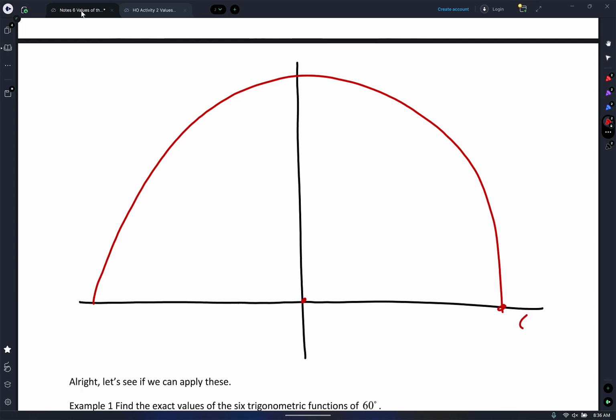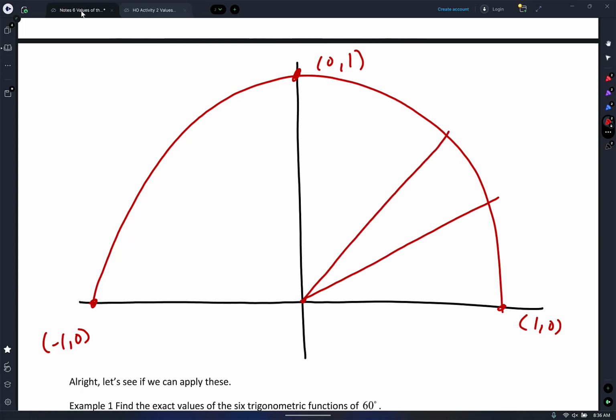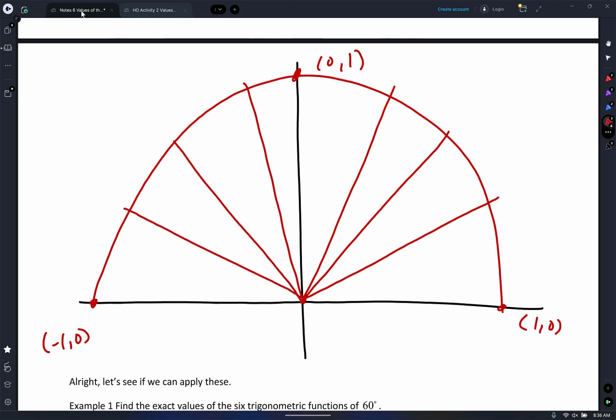And we know that this coordinate is 1, 0. And I didn't draw it perfect. 0, 1. And then negative 1, 0. And then I'm going to try to kind of do it perfect, but yeah, it's all messed up. All right, so I'm going to go, let's see, this one's 30 degrees, 45 degrees, 60 degrees, 90 degrees.